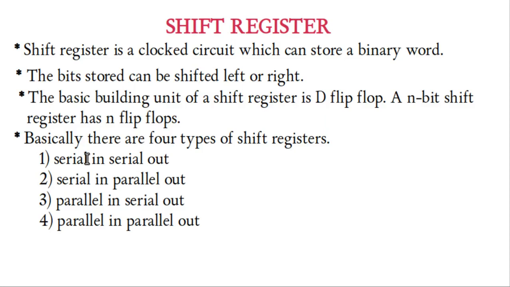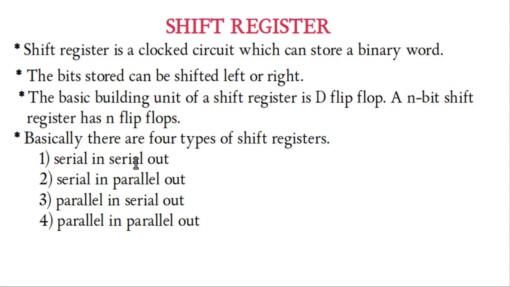What is serial out? When we store data in a shift register, we need to read the data after some time. So what is the data stored in the shift register? That data has to be read out after some time according to our need.